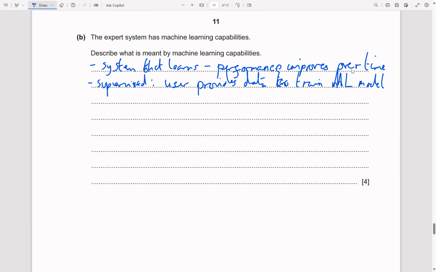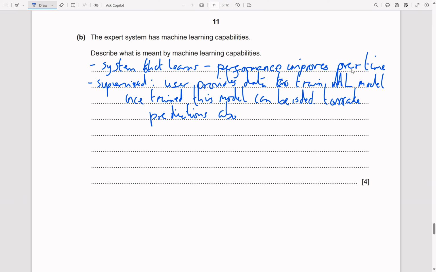And then once trained, this model can be used to draw conclusions about unseen data. Can be used to make predictions about unseen data.